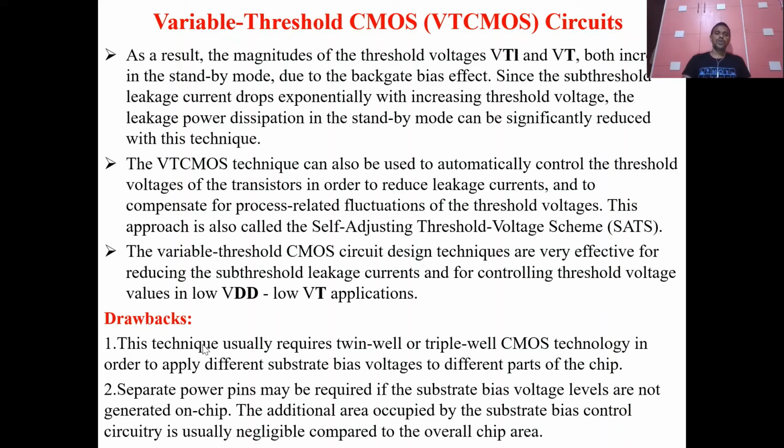Now, what are the drawbacks of this technique? This technique usually requires twin well or triple well CMOS technology in order to apply different substrate bias voltages to different parts of the chip. In active mode, we are applying threshold voltages of 0.2 volts for NMOS and minus 0.2 volts for PMOS. But at the time of standby mode, we are increasing the threshold voltage. So varying this threshold voltage will be more difficult in this technique.